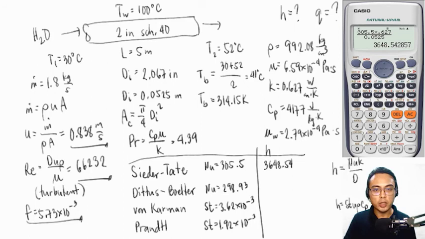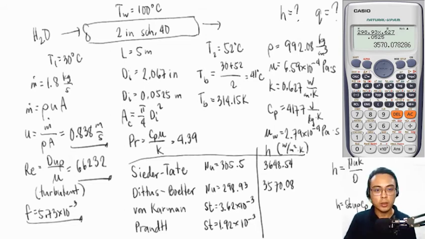Next, coming from the Ditus-Boelter equation, we have 298.93 times 0.627 divided by 0.0525. We have 3570.08. By the way, the units of the heat transfer coefficient is watts per square meter per Kelvin in standard SI units.